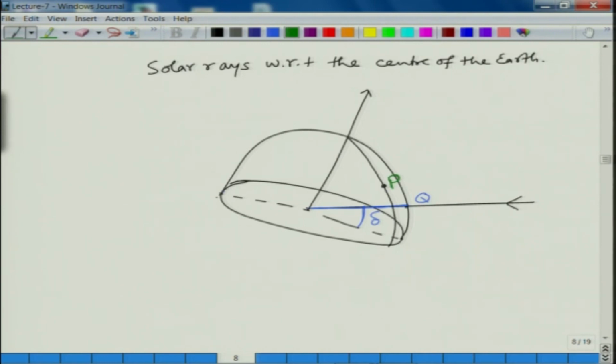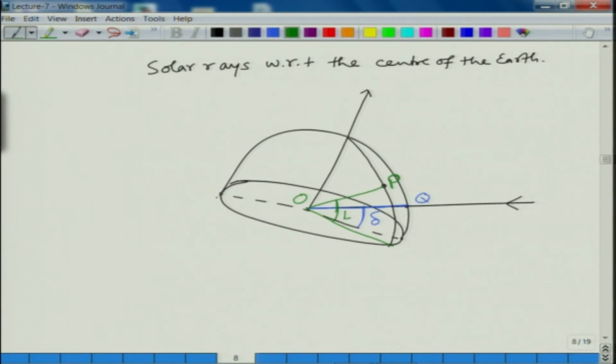The line joining the center of the earth and the observer makes an angle, which is the latitude, right.